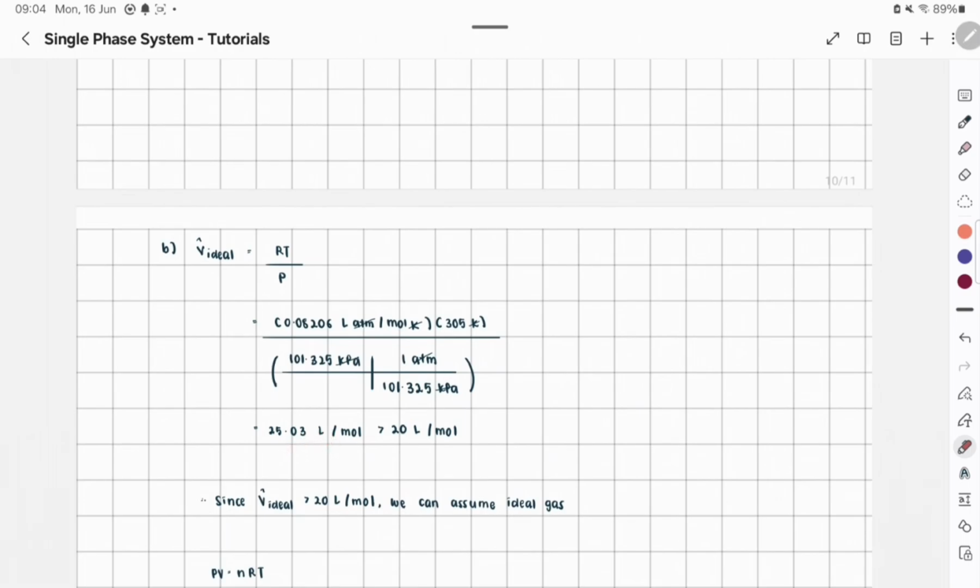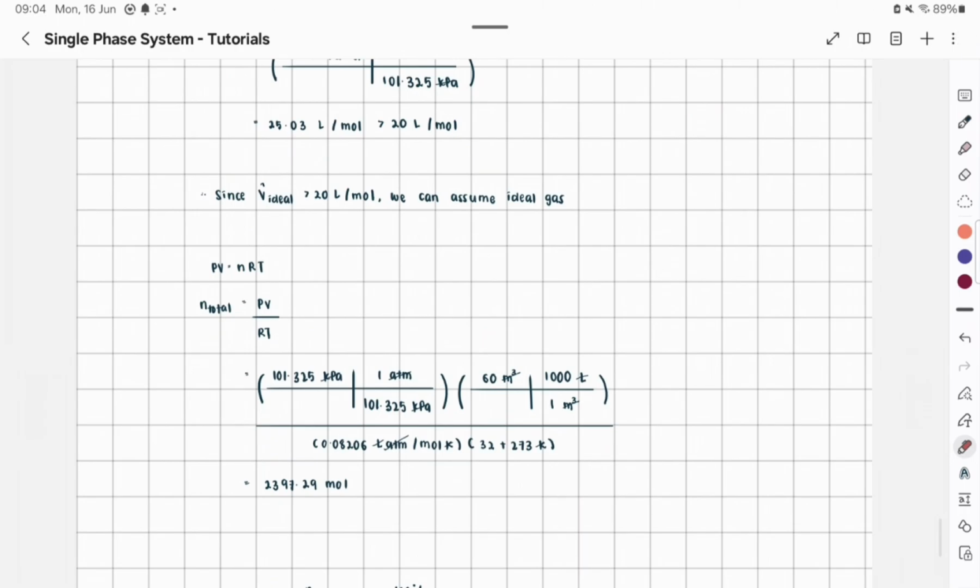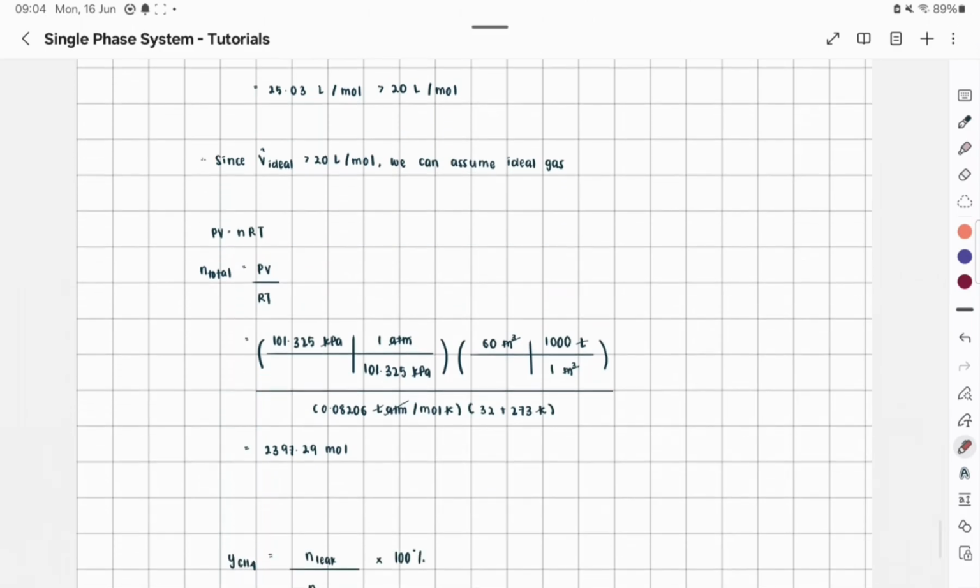Since the rule of thumb says that the V ideal needs to be greater than 20 liter per mole to assume that it is an ideal gas, then we can assume it is an ideal gas. Then we can use the ideal gas formula to find N total, which is PV over RT. We sub in all the known information and do conversions here, and for volume we use the storage room volume, which is 60 meter cube.